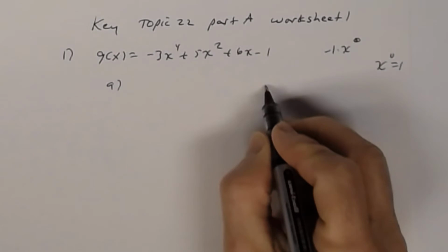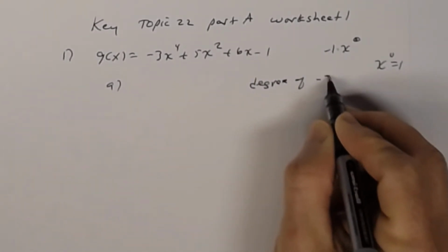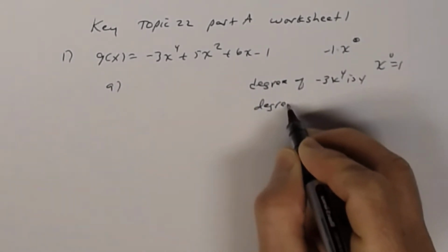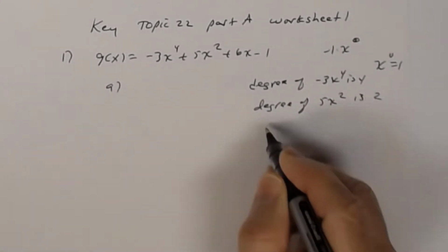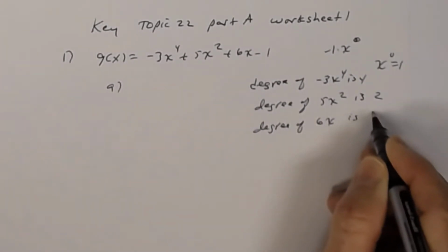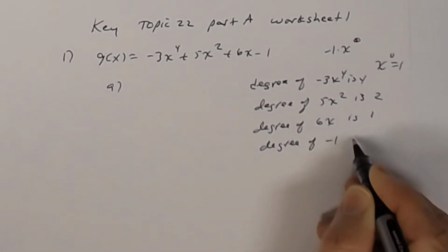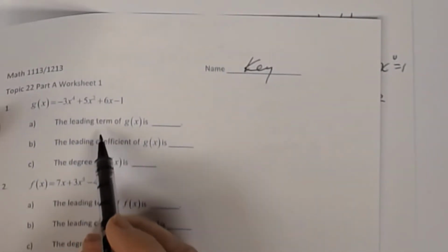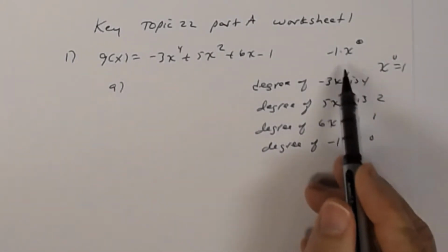Remember, the degree of the term negative 3x to the fourth is 4, the degree of 5x squared is 2, the degree of 6x is 1, and the degree of negative 1 is 0. So the leading term is the term with the largest degree. This is the largest degree I see here, 4. So that's your leading term.